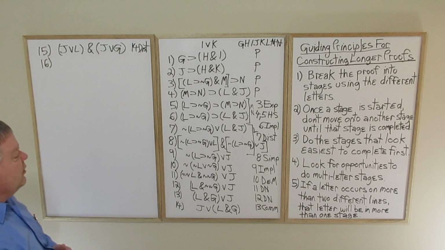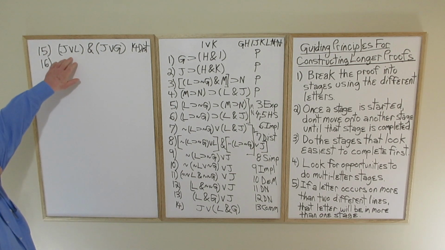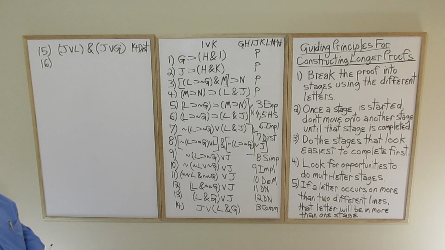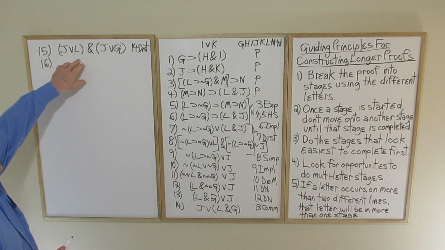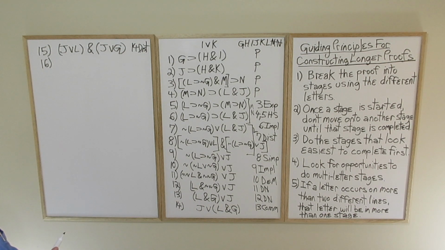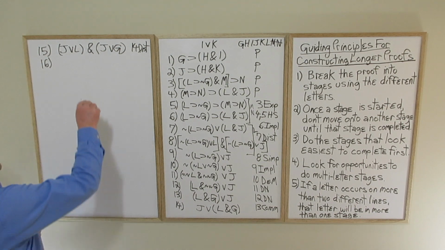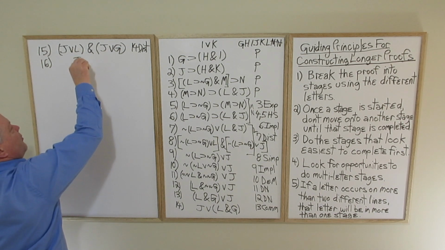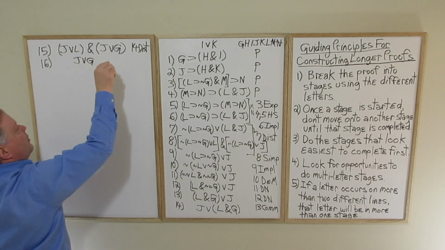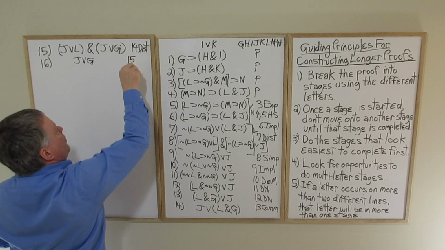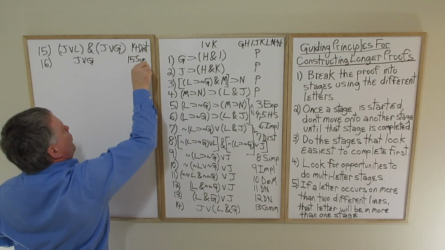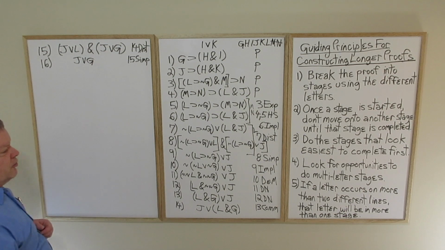And once again, we can get rid of the second L by simply doing the simplification step in the left conjunct where L is. So 15, simp, will give us J or G.